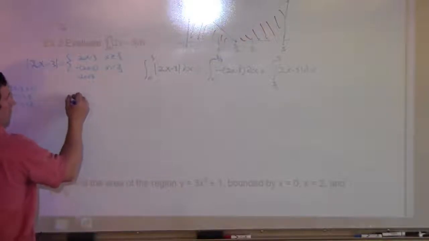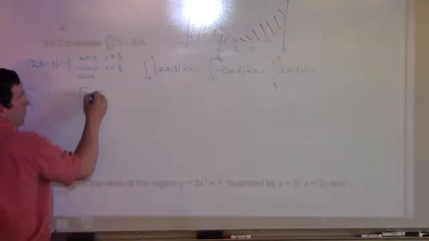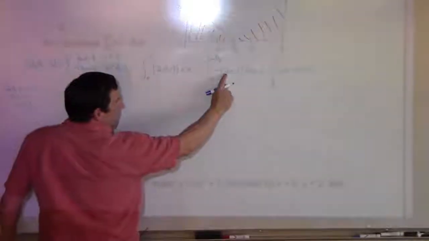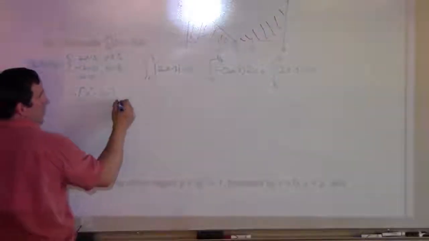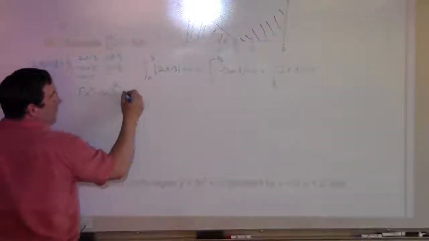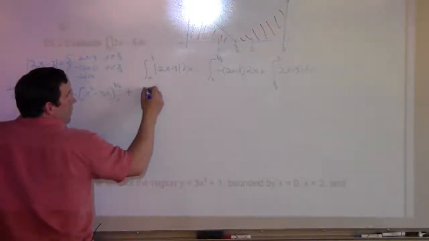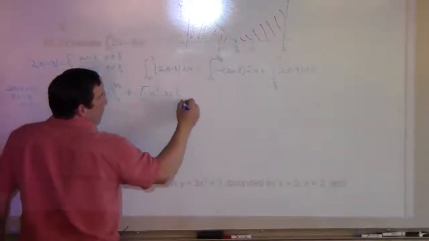We're going to have negative of what? x squared minus 3x. This is the antiderivative of 2x is x squared, and for 3 it's 3x. We're going to go from 0 to 3 halves plus x squared minus 3x from 3 halves to 3.